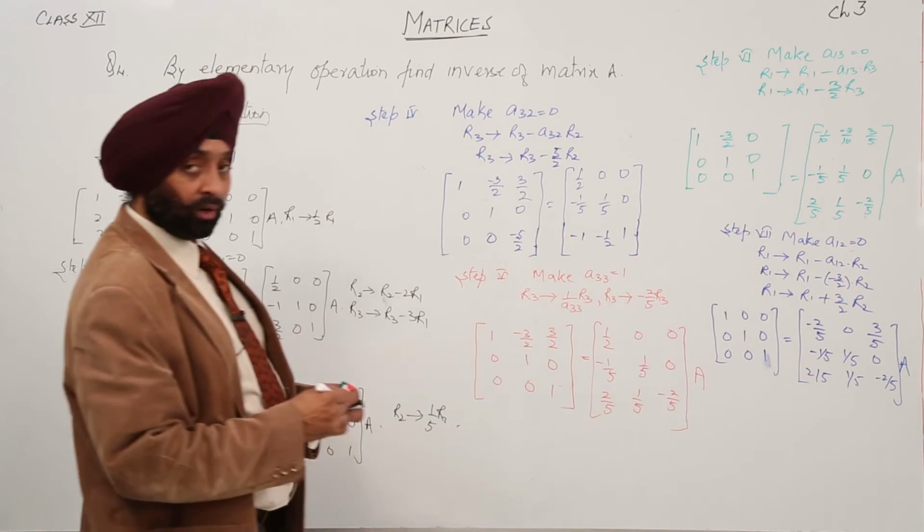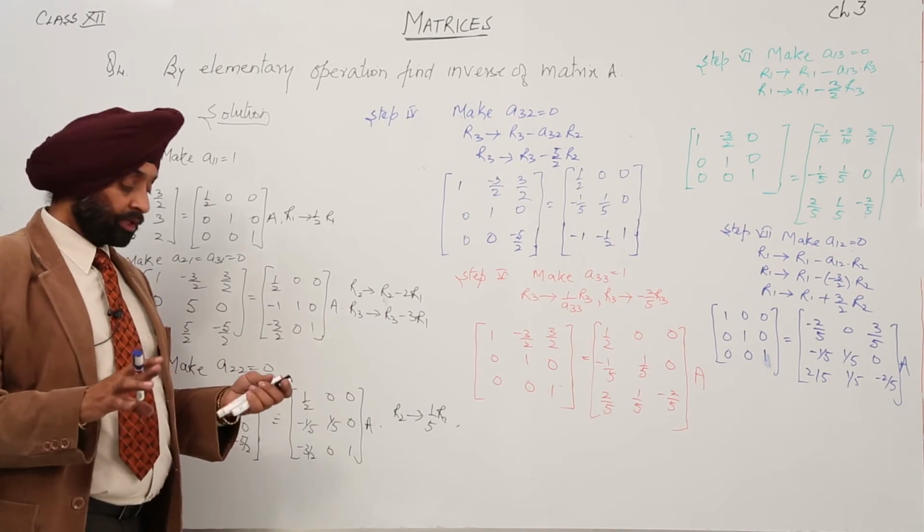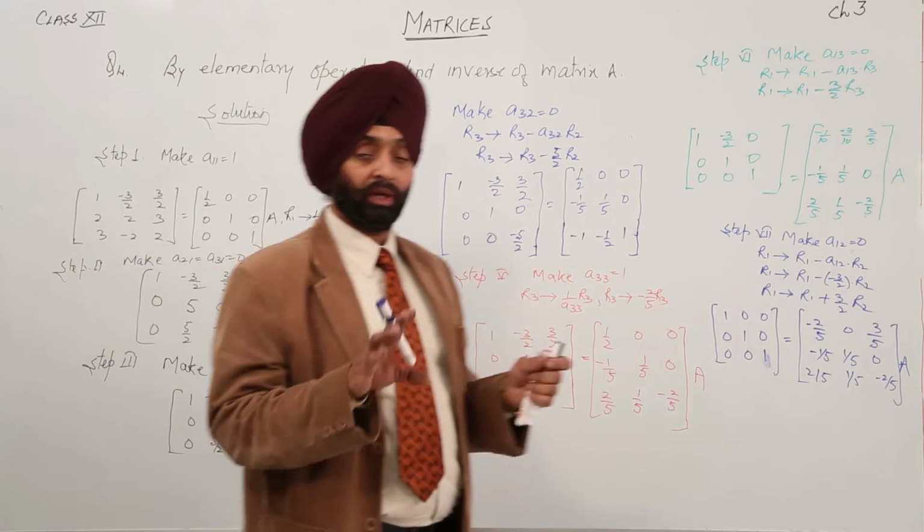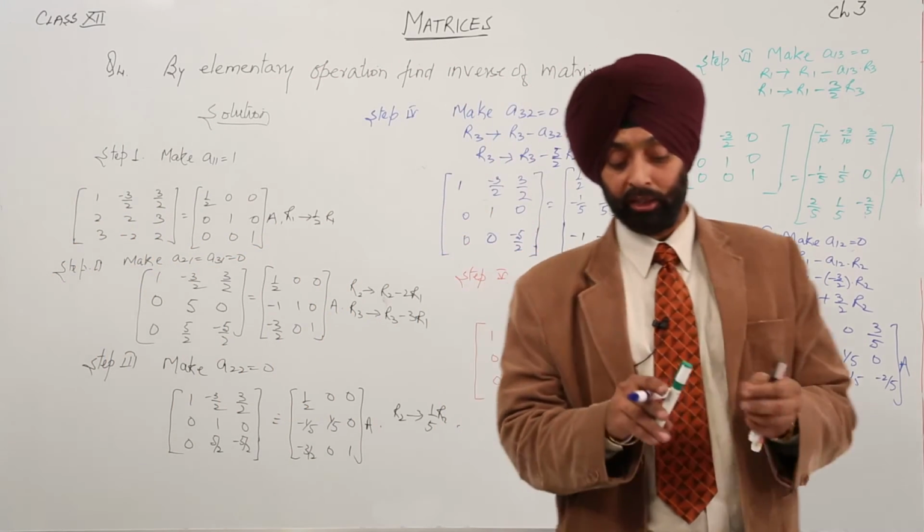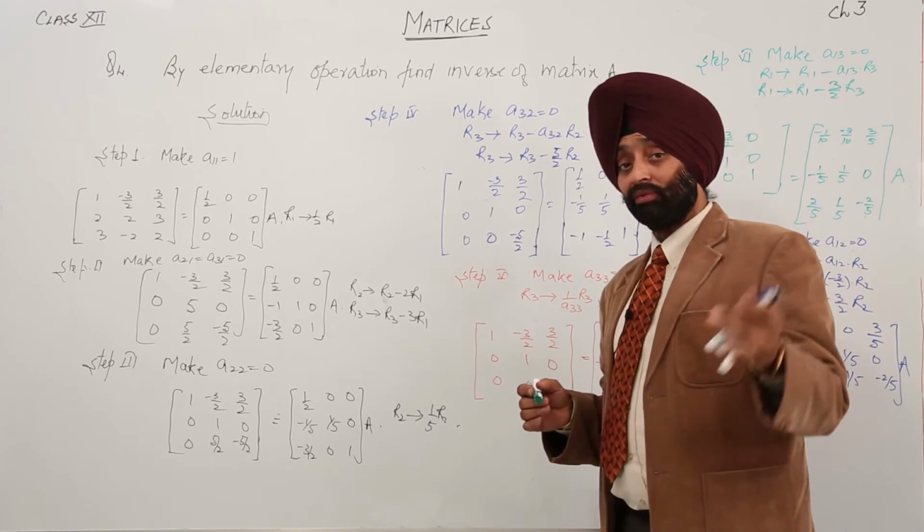So now the left hand side becomes an identity matrix. We have done almost 95% of the question.